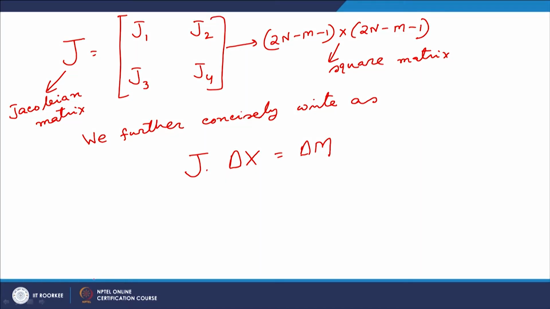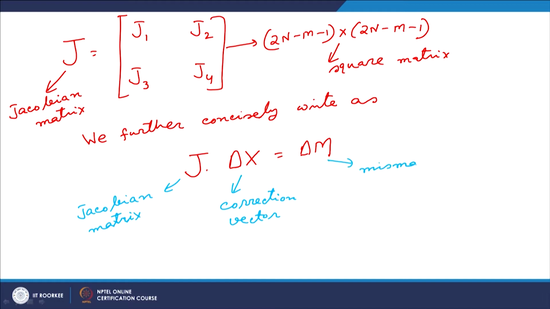So, this is the Jacobian matrix, this is called the correction vector, and this is called the mismatch vector.